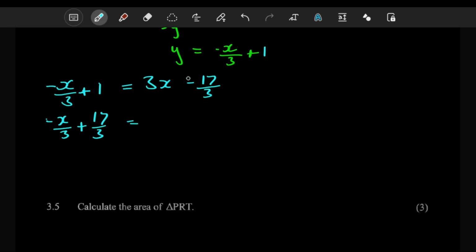And then everything else, let's just throw it over to this side. The negative 17 is gone. So here it's going to be a positive 3x, and then let's just minus a 1 here. The reason for doing this is so that we can just have negative x plus 17 over 3. Here I'm just trying to simplify.